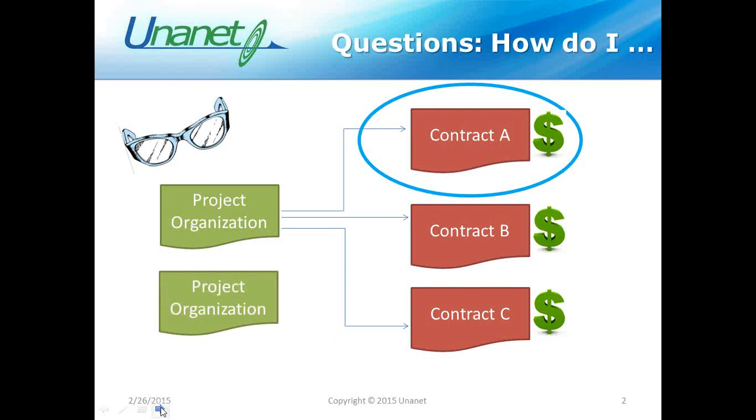Well, why is access important in Unanet? It really is because it should mirror your business rules and processes. Unanet is a software tool that works best when you have mapped out your business rules, your organization hierarchy, and the roles and job functions of all of your users. That's going to make your Unanet setup work.